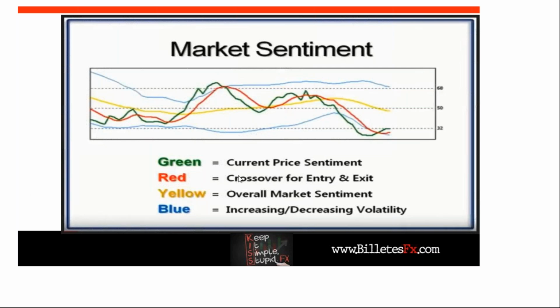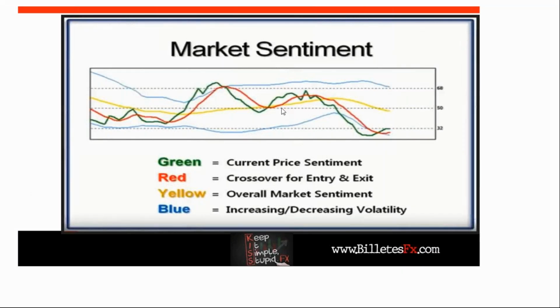Okay. The red line, when the green and the red cross over, that's going to help you for your entry and exit. I'm going to repeat that again. When the green current price crosses the red, if you're looking to buy, let me grab a pen.